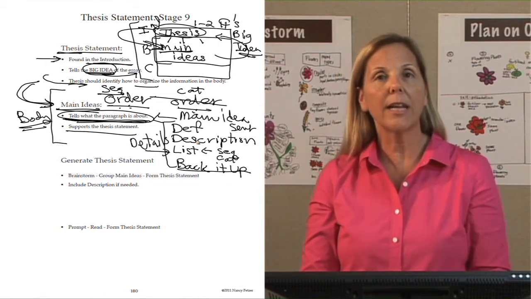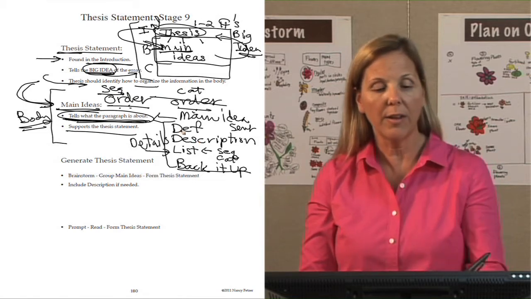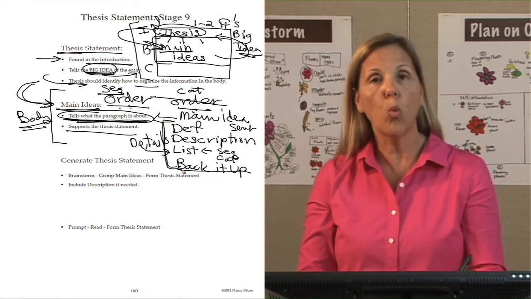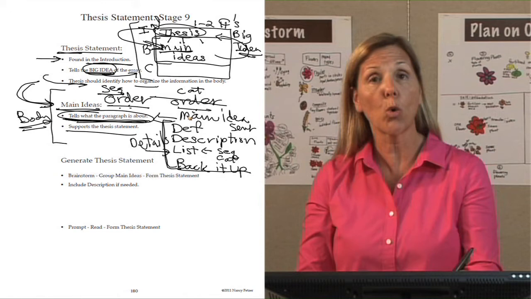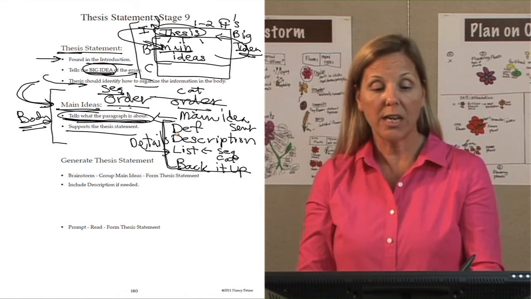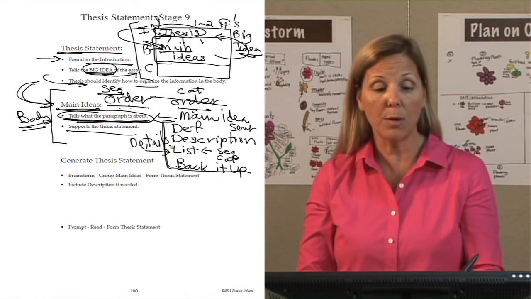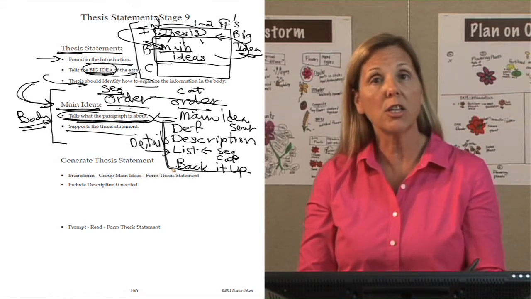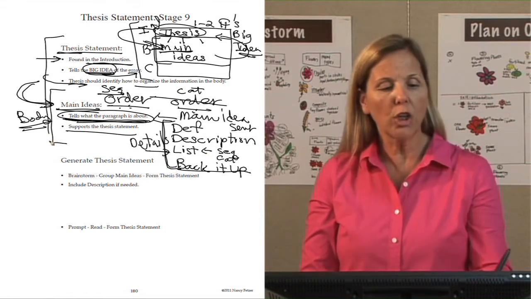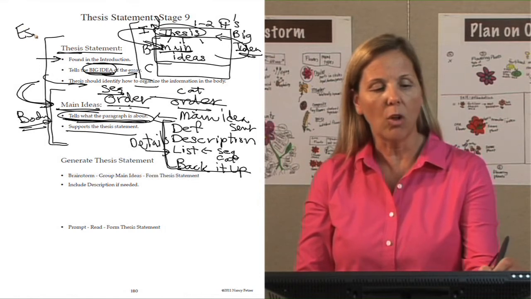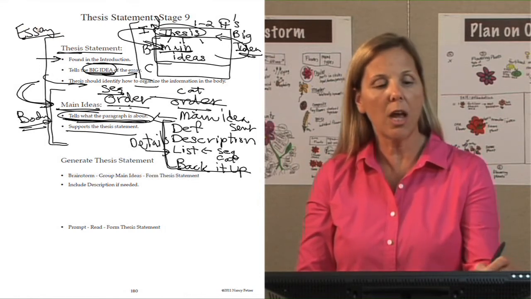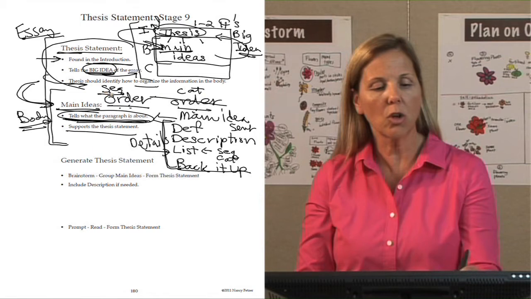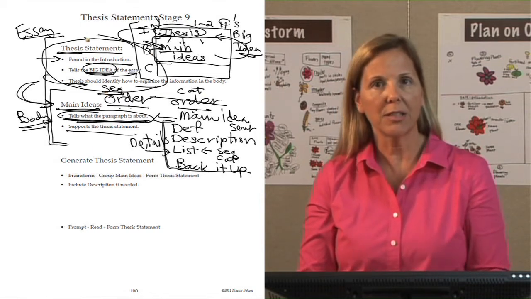Then after we tell the main idea sentence in that paragraph, then we look at, all right, what details do I need to support that main idea? Do I need a definition? Do I need to have a description, a list in which I sequence or categorize information? Do I need to back it up? This is what we're looking at the essay level. And in stage 9, we're going to focus just on the thesis statement.